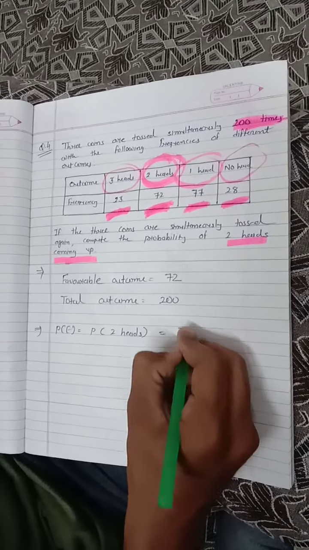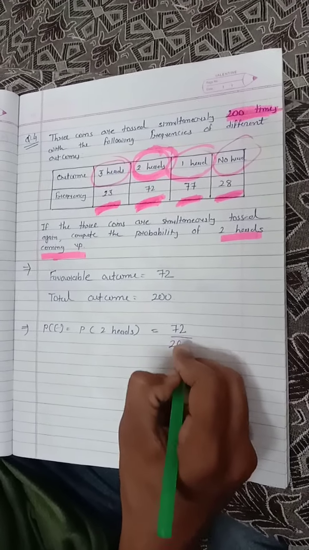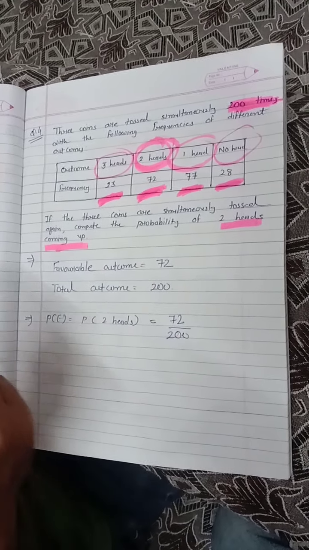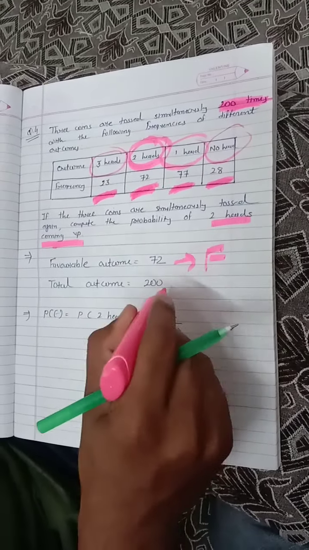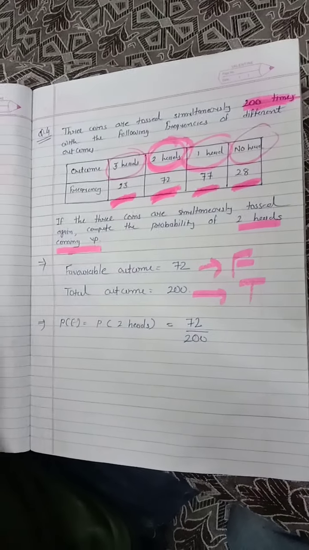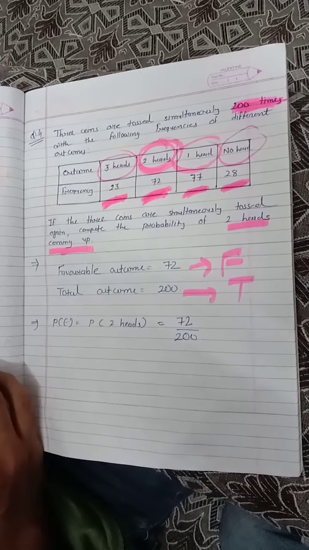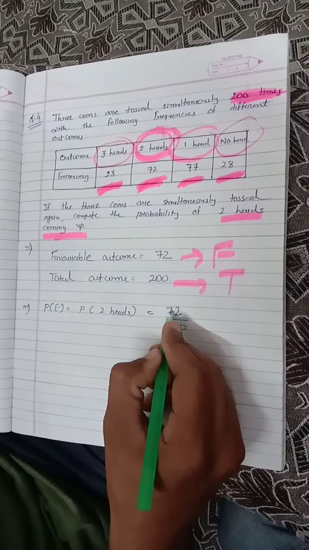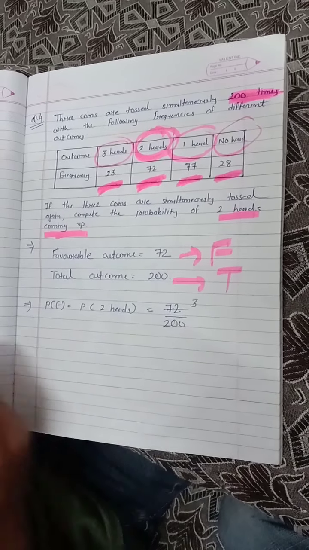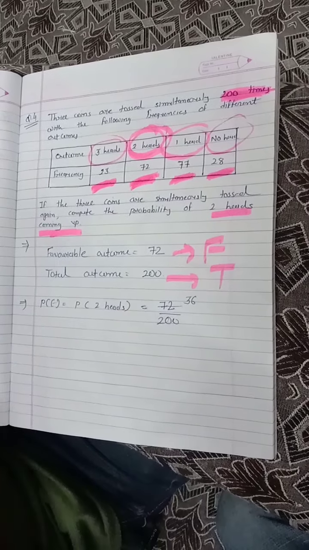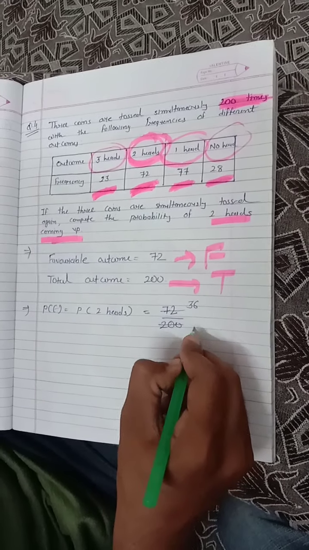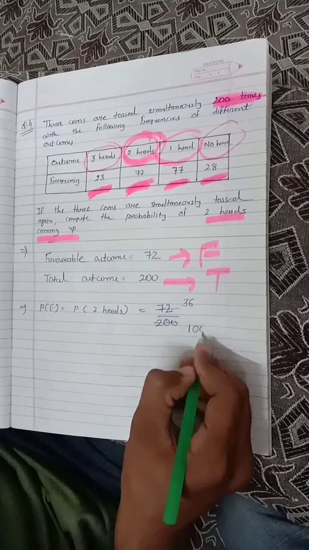Now we have to find the probability of the event. Probability of 2 heads and 1 tail is equal to what? Favorable outcome upon total outcome. Favorable outcome, you know, it is 72. And total outcome, you know, it is 200. If cutting is possible, do cutting. Start from 2. 2 3s are 6, 1 remaining, 2 6s are 12, 2 1s are 2 and 2 zeros.